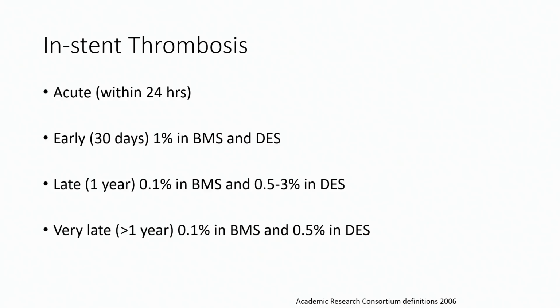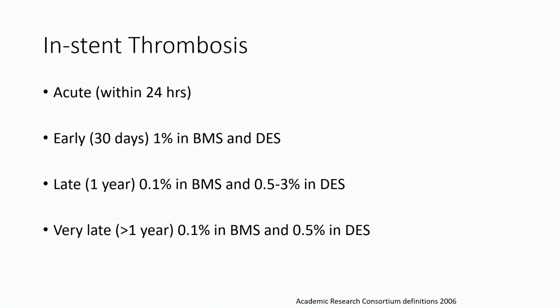So in order to keep the definitions uniform for research purposes, the Academic Research Consortium has certain definitions. Stent thrombosis is considered acute when it happens within 24 hours. It's considered early when it happens within 30 days of stent placement, late when it happens within a year, and very late when it happens more than a year after stent placement.